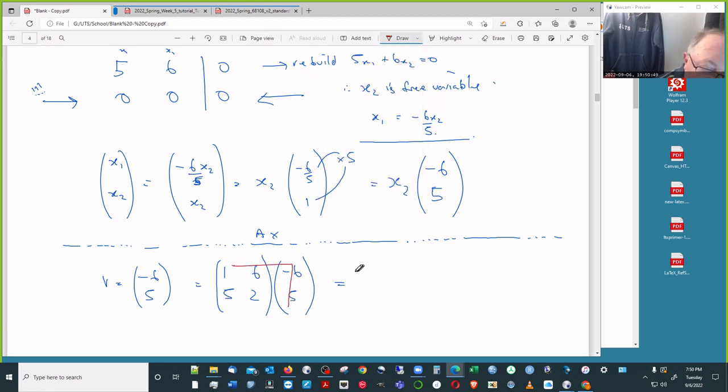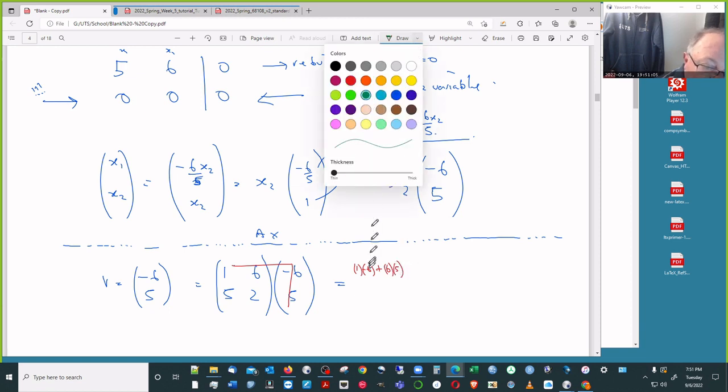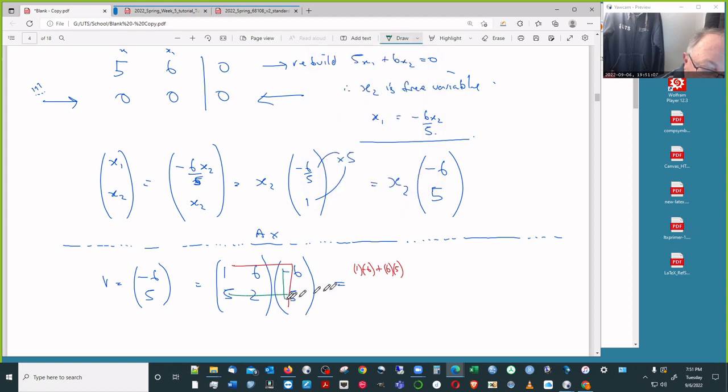So row down column will be 1 times minus 6 plus 6 times 5, and change that to row down column. So that will be 5 times minus 6, sum of products, plus 2 times 5.